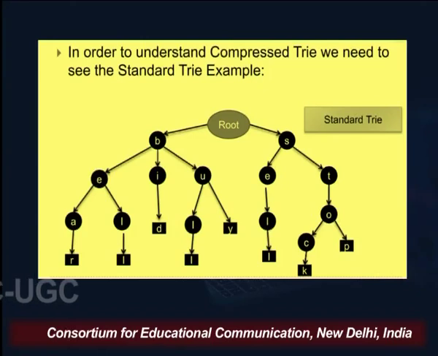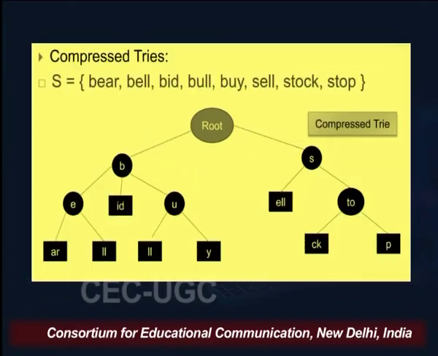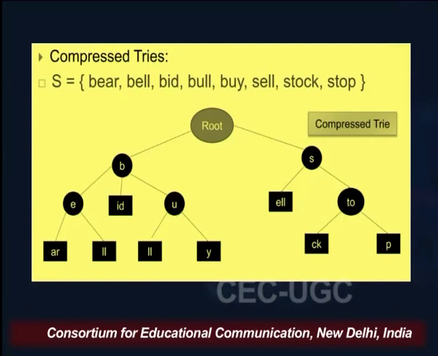So that is what we call compressed try, and this compressed try will look like this, as the try which you are watching on the screen. So we have a root node, then B, then E, with A and R combined, then B and E, with LL combined, in bid I and D are combined, in bull again L and L are combined, and in buy we do not have anything apart from this Y, which is not part of any other word.